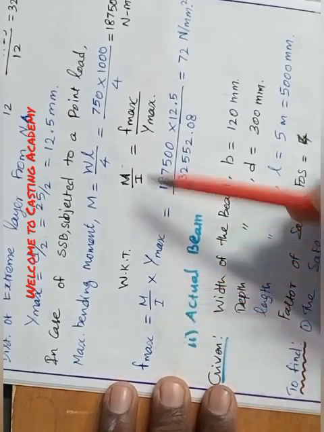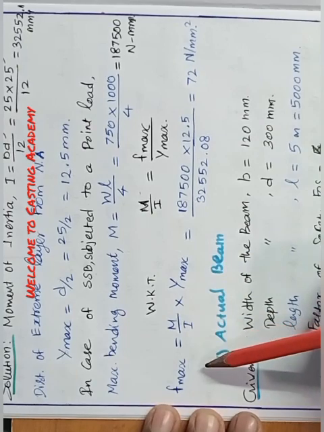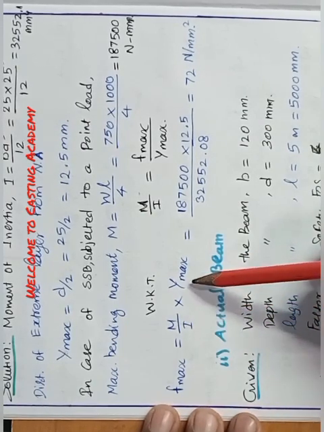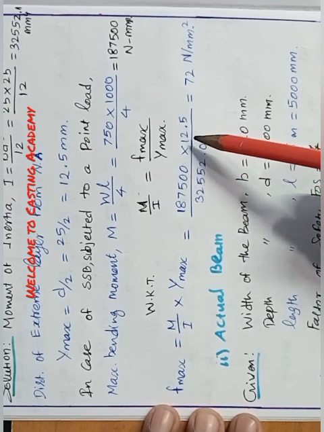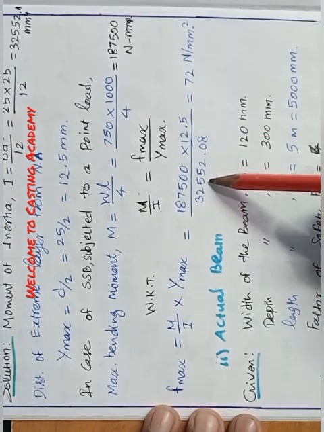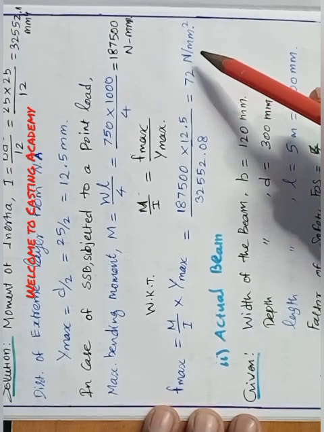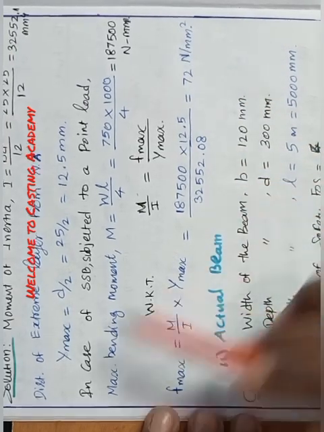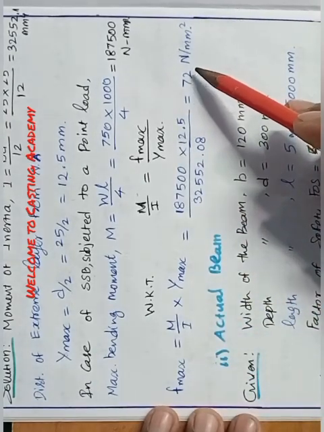So we know that M by I equal to F max by Y max. So F max equal to M by I into Y max equal to 187500 into 12.5 divided by 32552. Answer is 72 Newton per mm square. So test beam, the F max equal to 72 Newton per mm square.